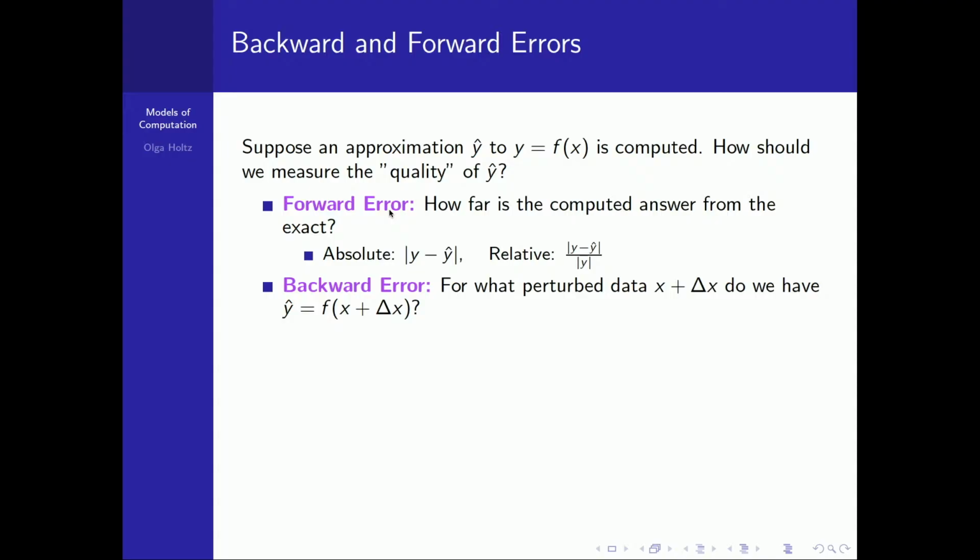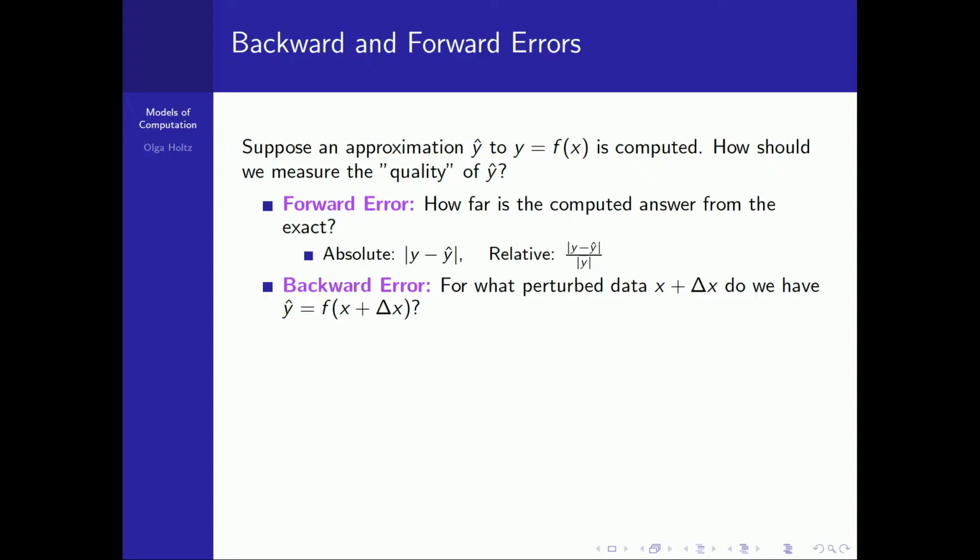That introduces the notion of backward error. I will just repeat: for which perturbed data x plus little delta x, hopefully little delta x, do we have y hat, which is f, the exact evaluation of f at this point x plus delta x?